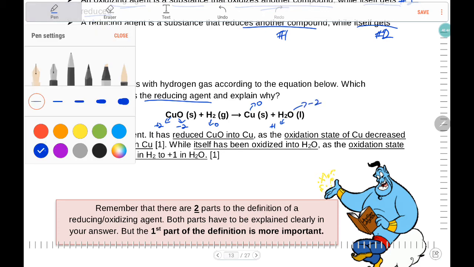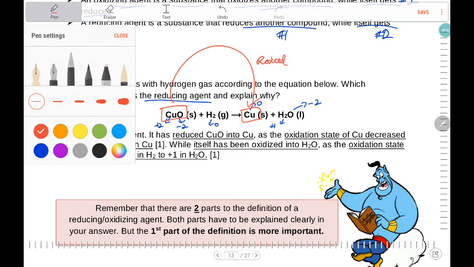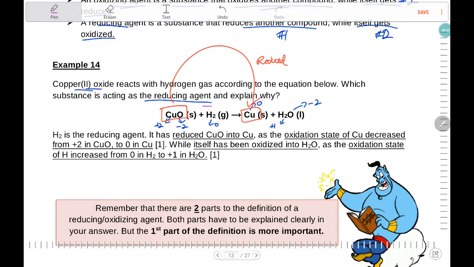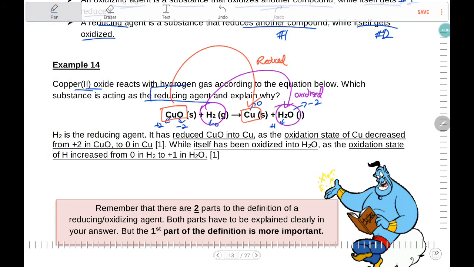So I would deduce that copper oxide has been reduced because there's a decrease in oxidation state, while H2 has been oxidized because there is an increase in oxidation state. But this question is not asking who has been reduced or oxidized. It's asking who is a reducing agent.